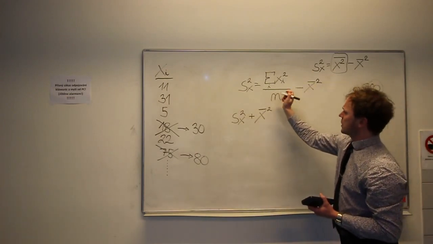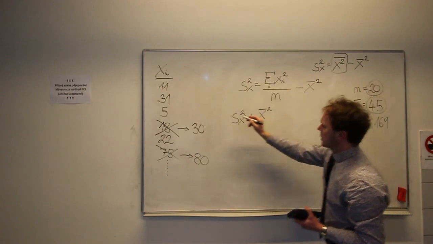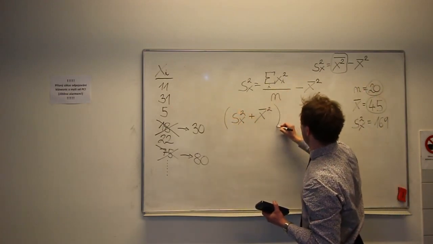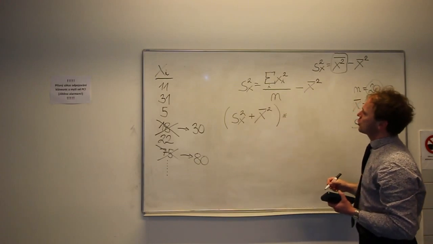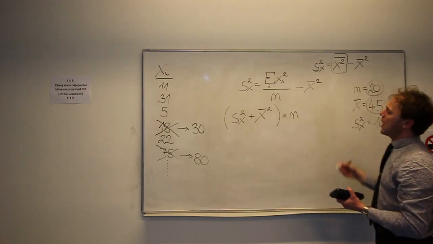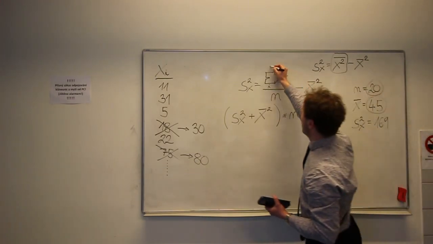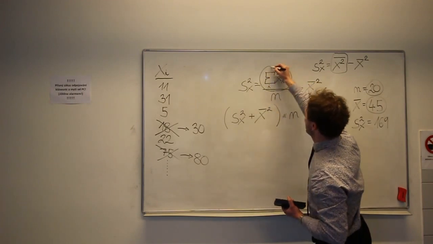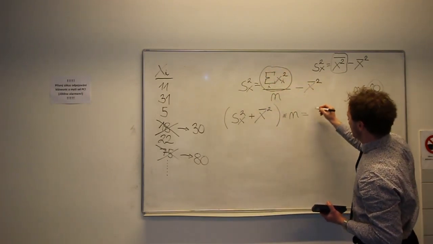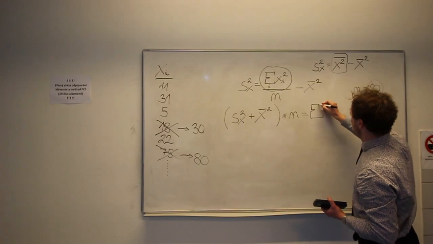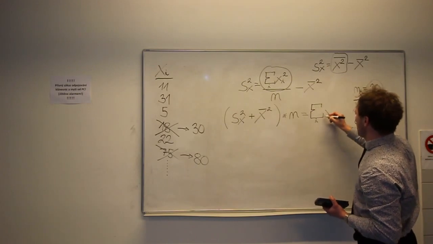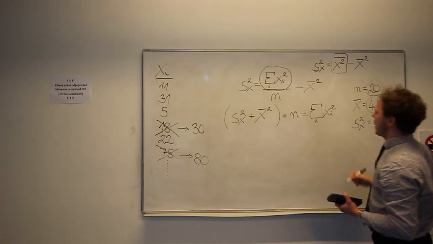Can you see this division? Yes. So parentheses, multiplication by n. And what is here on the right side? This summation, so equal sign, summation through all i of x i squared.